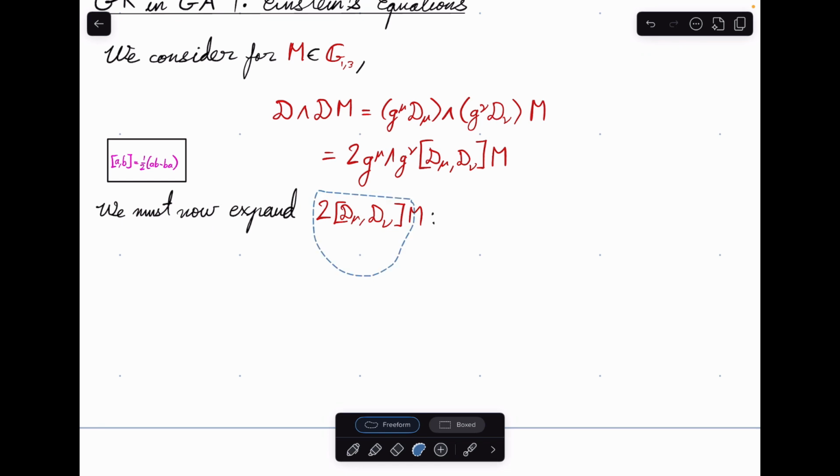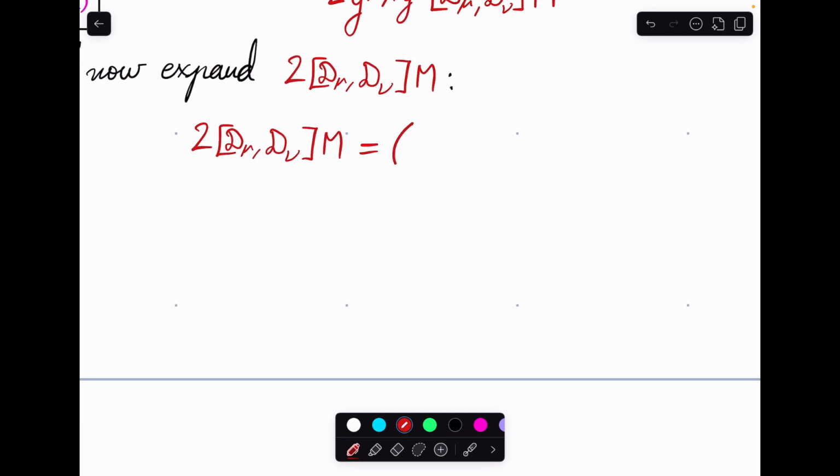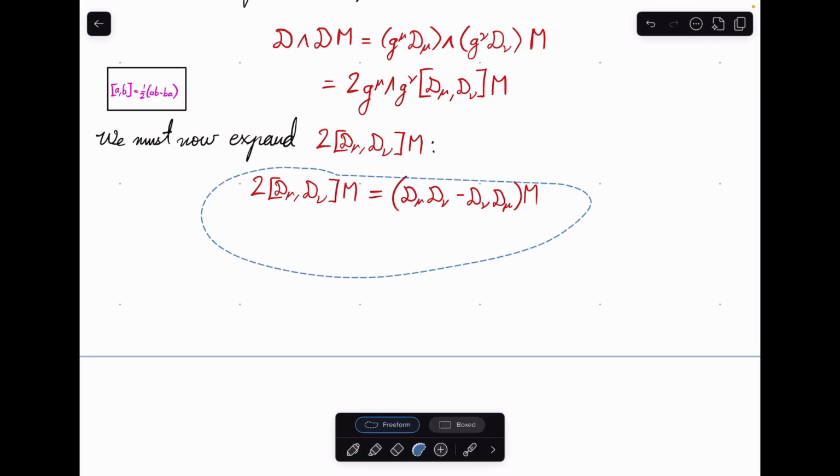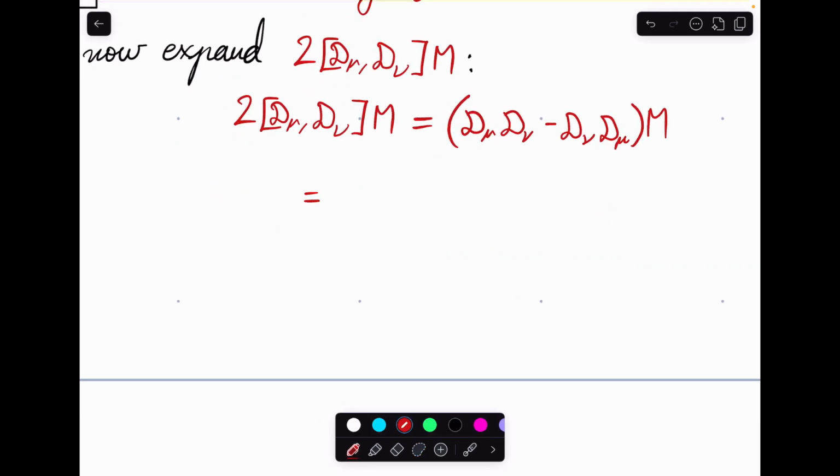So if we just copy this, because I don't want to write it twice, this is just going to be d mu d nu minus d nu d mu acting on M. And then we can plug this in, d mu, and just for clarity's sake, I'm going to emphasize that they're acting on each other successively.